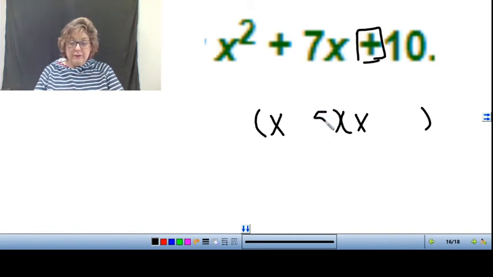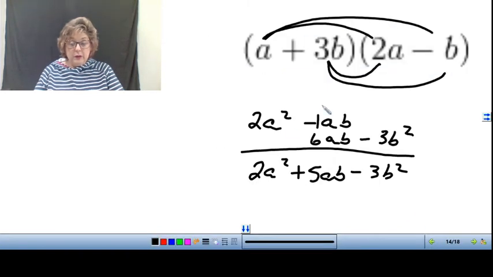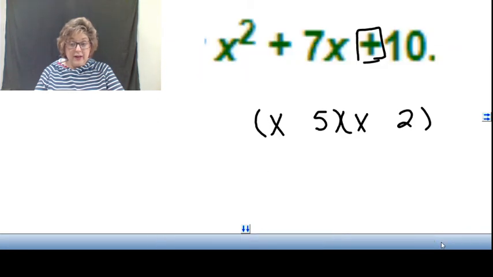Well, that's going to be a 5 and a 2. Because 5 times 2 is 10, but 5 plus 2 is 7. And if you realize over here, those middle terms, I'm either adding or I'm subtracting to get that middle term. So that's how that comes up.